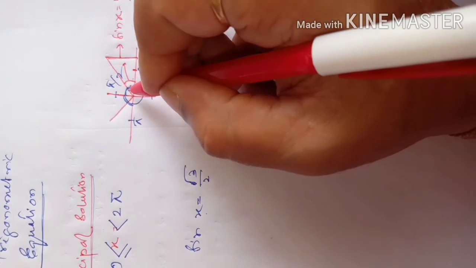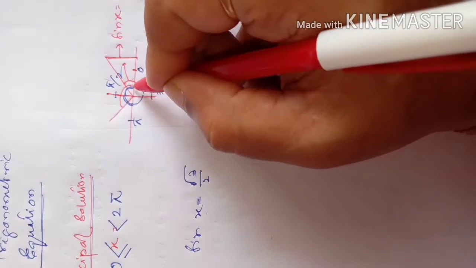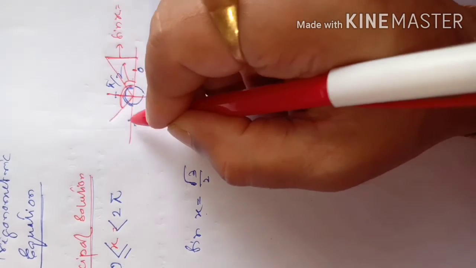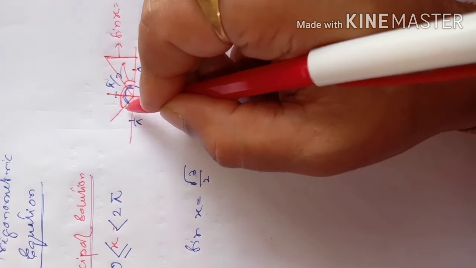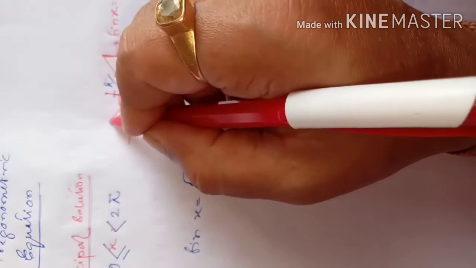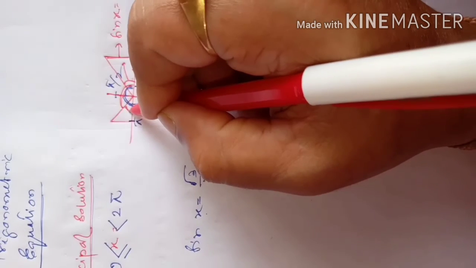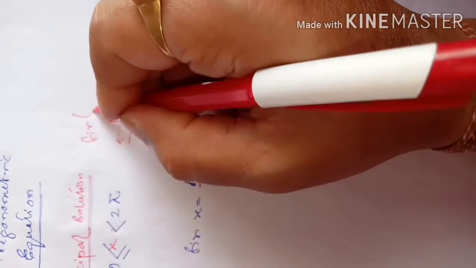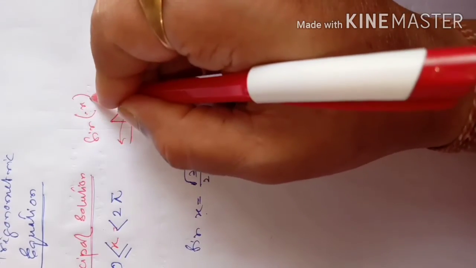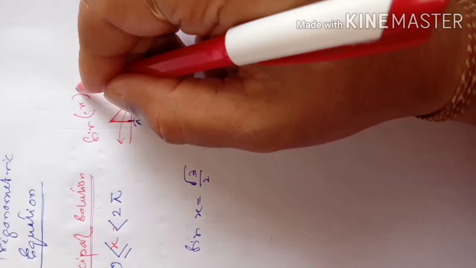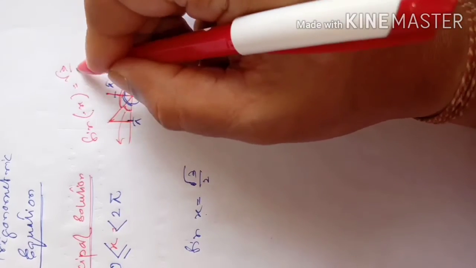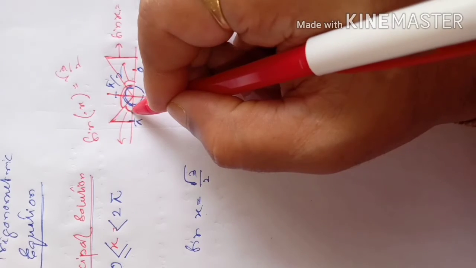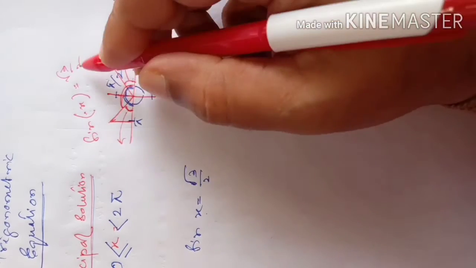For this angle, sine will be positive, say root 3 by 2, and either for this angle or for this angle, sin x can be root 3 by 2.